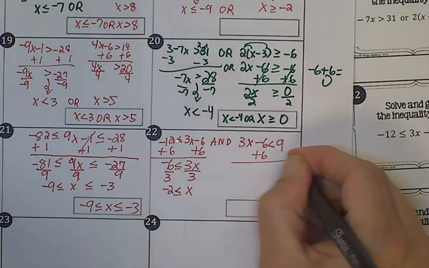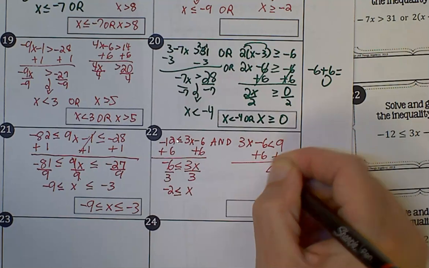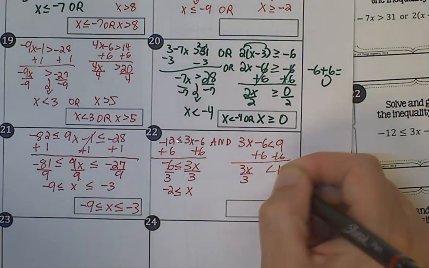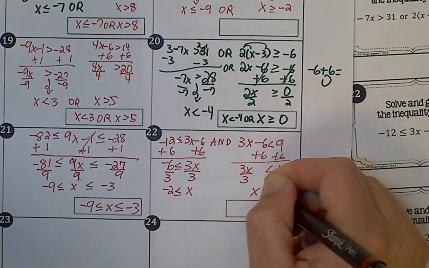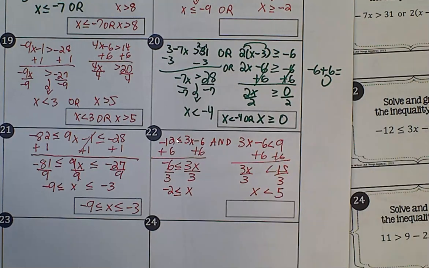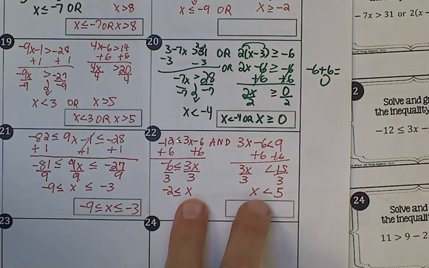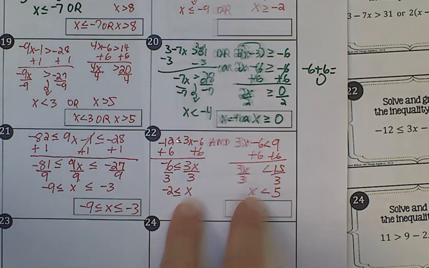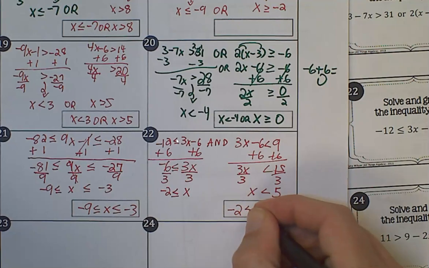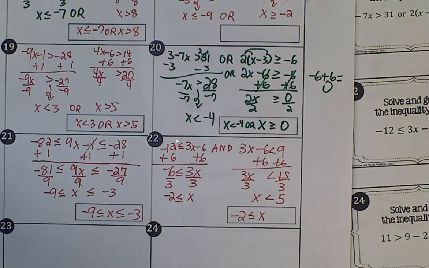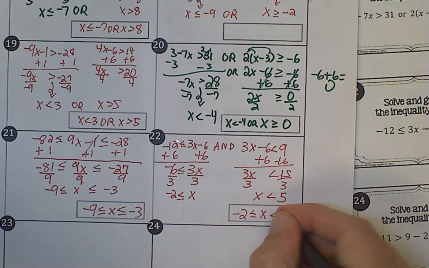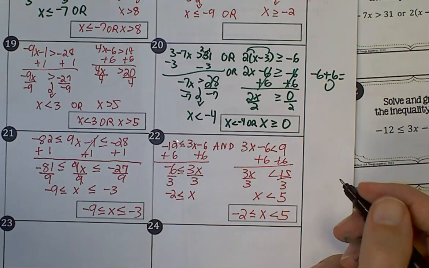Okay, now I'll solve this inequality. Okay, so there's a common theme here, is we got an x here. So our answer is the x's have to be bigger than negative 2, but less than 5.